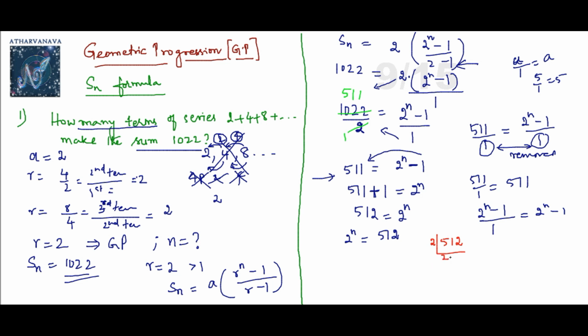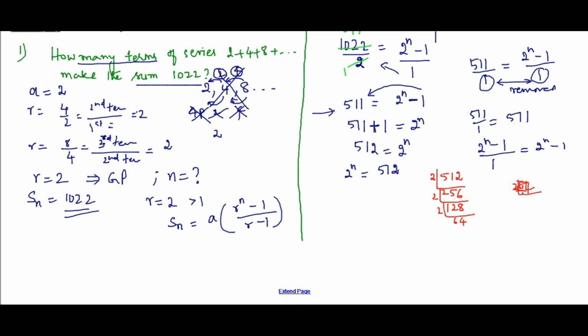And then 2 5s are 10, 2 256s are 512. 2 1s are 2, 2 8s are 16. 2 64s are, 2 32s are, 2 16s are, 2 8s are, 2 4s are, 2 2s are, 2 1s are 2.